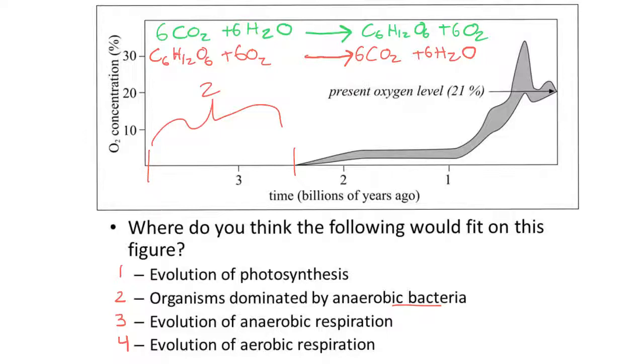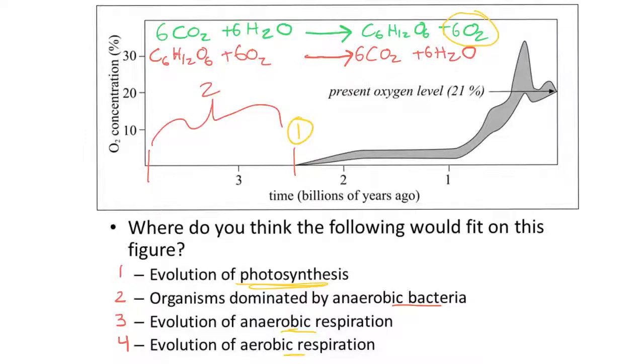Okay, but what occurred at this point which caused oxygen to increase in the environment? Explosion of anaerobic respiration. Anaerobic respiration? No, sorry, photosynthesis. Yes, photosynthesis, right? Because we said a byproduct of photosynthesis is oxygen, and that's what caused an increase in oxygen in the atmosphere. So you probably have that occurring at this step, photosynthesis.